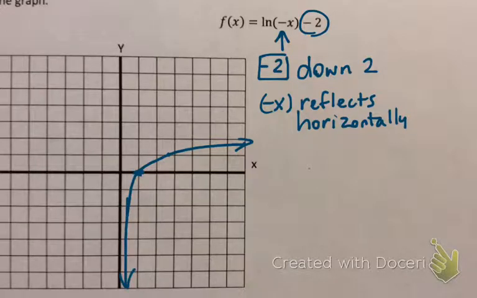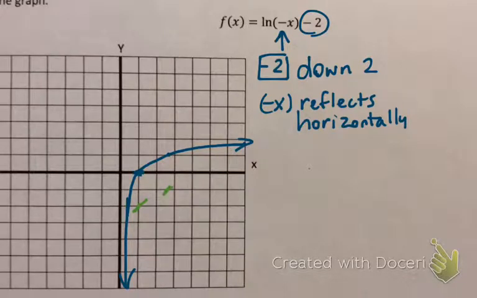So there's the parent. So now we'll graph our given function by moving it down 2, and if we move these points down 2, the x-intercept would be there, and the second point would be about here.